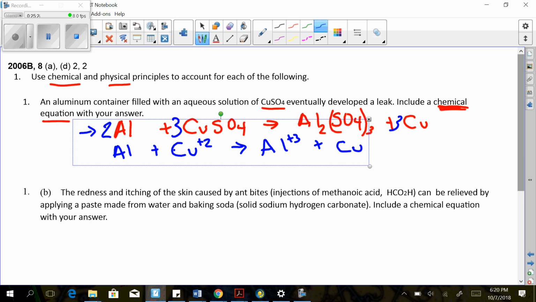And so if we look at that, if you look at the activity series, the activity series indicates that aluminum is more active than copper.